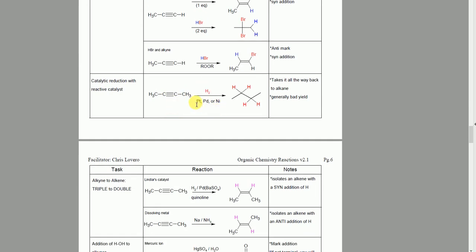And then we have another: H2 with Pt, Pd, or nickel, right? You can use any one of these three, and it'll take away all the electron dense regions. So this will take away the triple bond, and it will saturate the carbons with hydrogen.